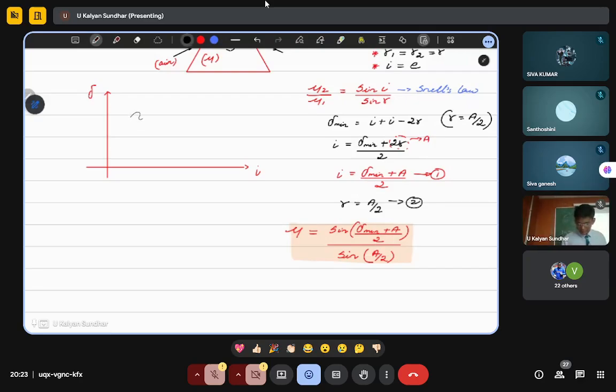So the graph goes like this. Not an exact parabola, but it will be something like a parabola. So the minimum point is going to be your del minimum, where your I will be equal to your angle of emergence.